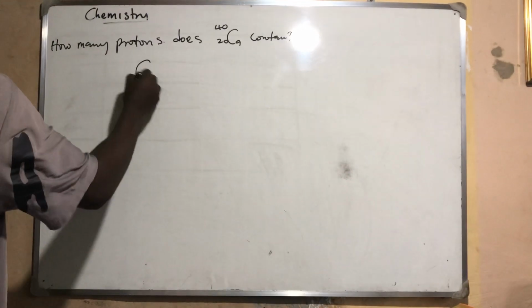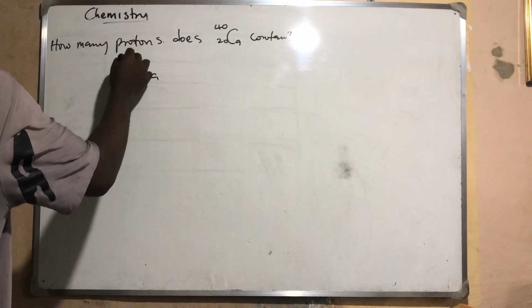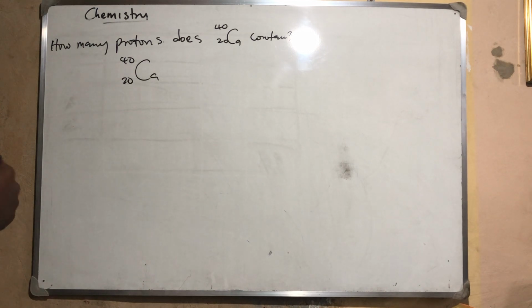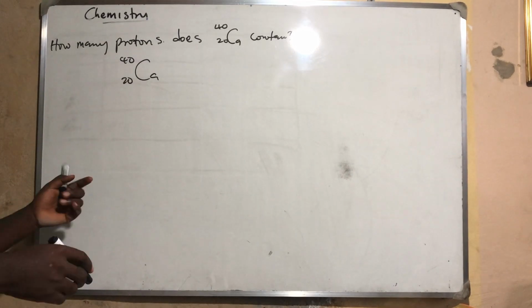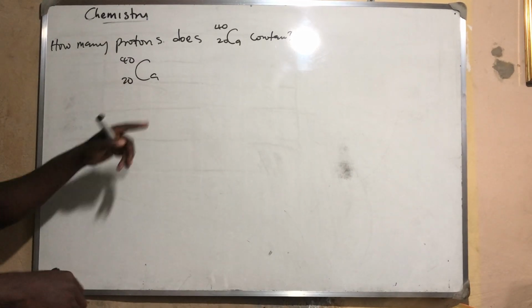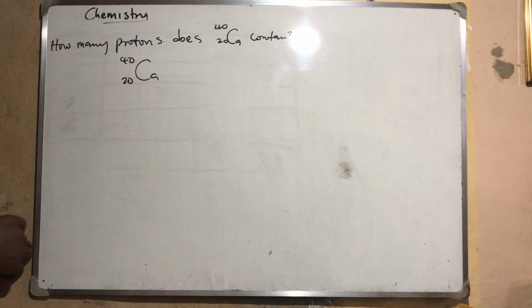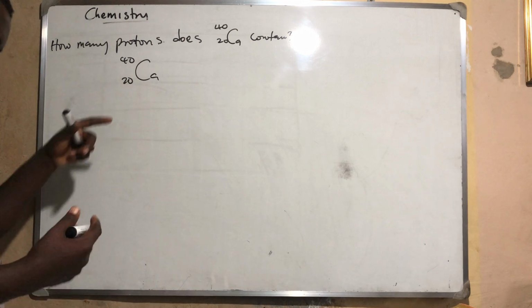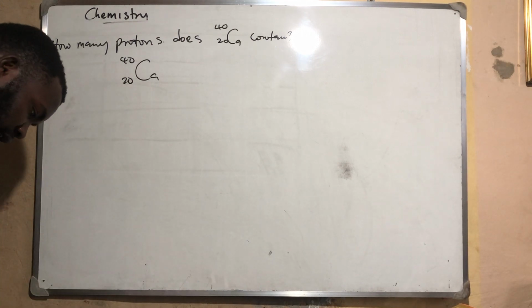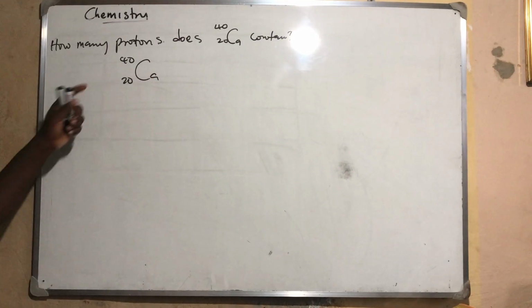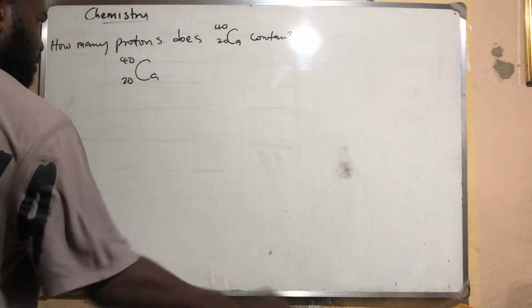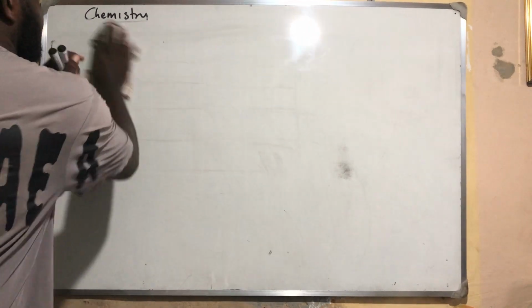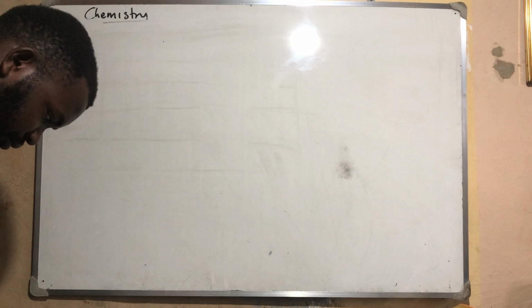Now the number of proton is same thing as the number of electron, which is same thing as the atomic number. So the atomic number here is 20, so it has 20 proton. If you want to get the neutron, you will say 40 minus 20, which equals 20, so it equally has 20 neutron. Then the mass number is 40. This is a very simple question.